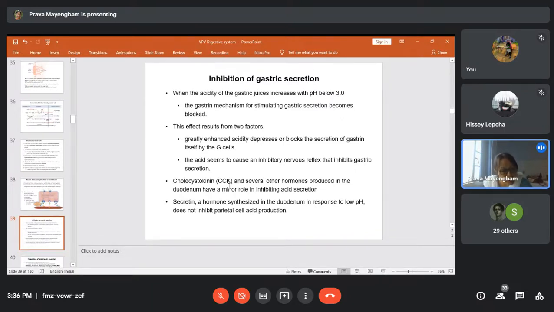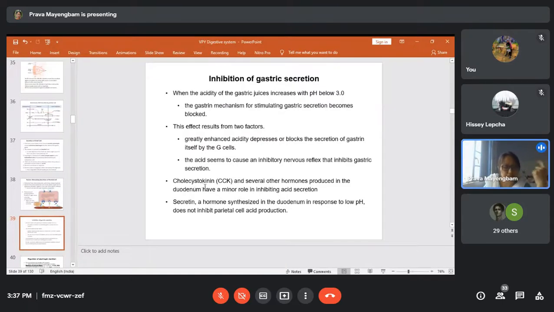The protein and the fat present in the partially digested food which has just reached from the stomach to the intestine, to the duodenum. So when there is some amount of food having protein materials and fat materials in the duodenum, it will lead to cholecystokinin secretion.